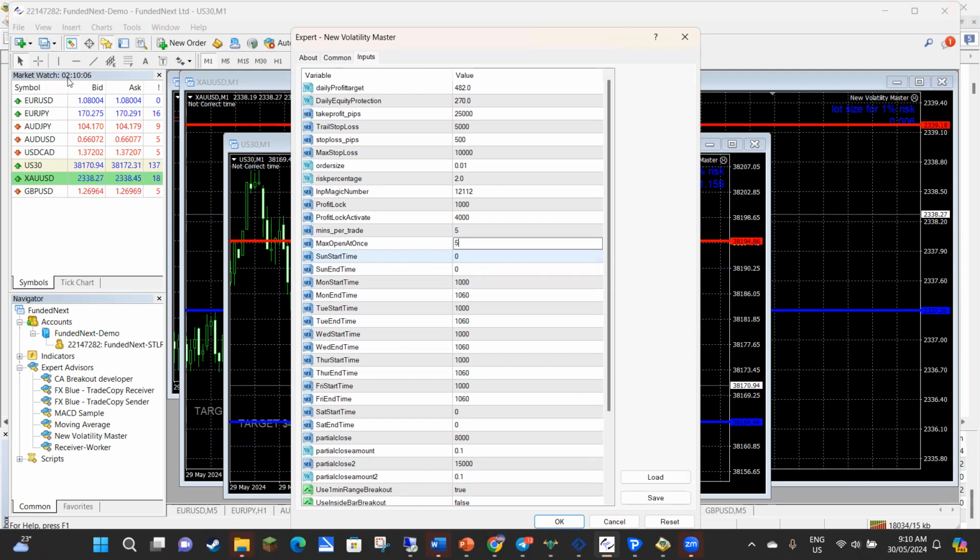You got that? 2 hours, 60 minutes an hour. So that's 120 minutes plus 10 minutes. So this particular time here is 130 minutes. If I wanted this software to start trading now, I would type in 130.